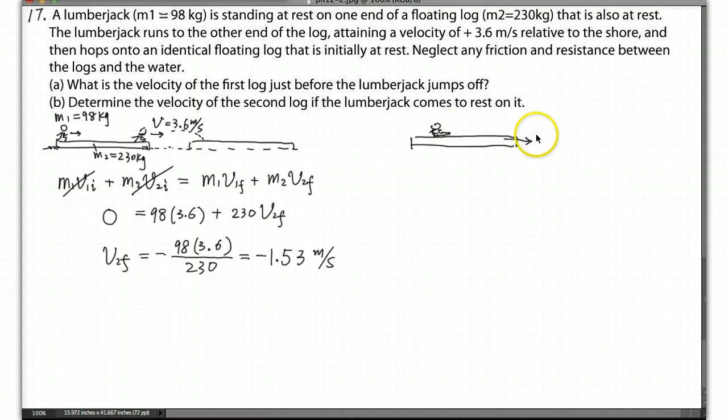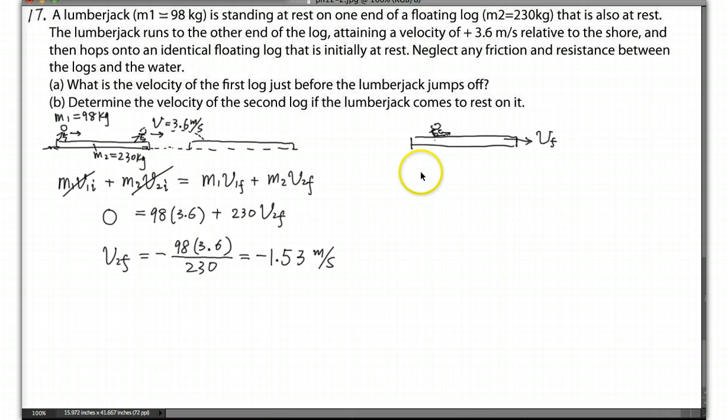So it's asking for the v final here. I didn't put a 1 or 2, it's just the total final velocity. Okay, now you still look at the two states, initial and final. The final state means after the lumberjack lands on the log and they're moving together, and the initial state is just before the lumberjack lands on the log.